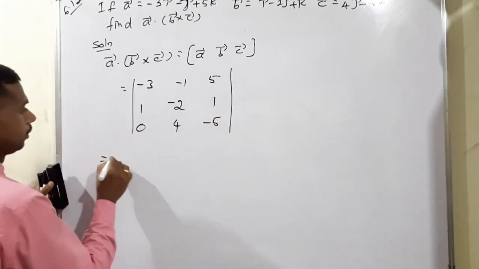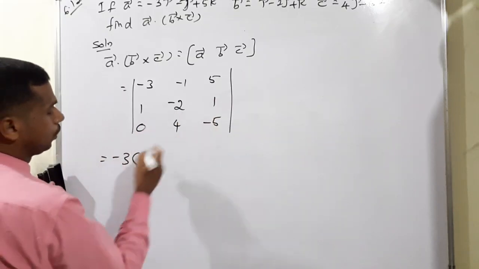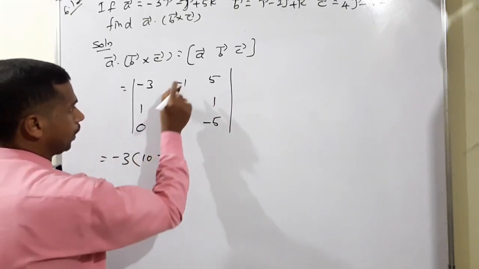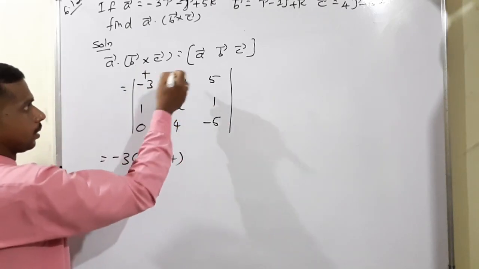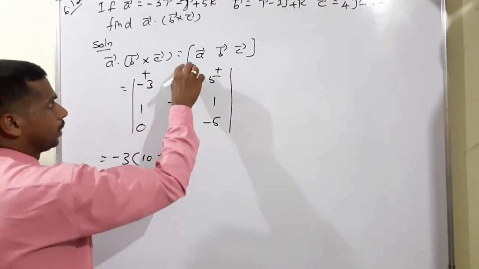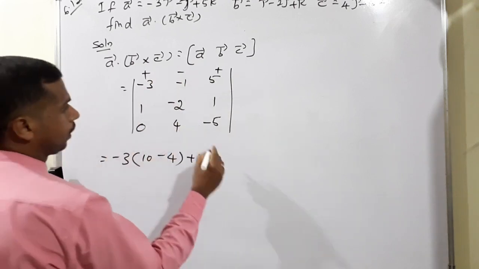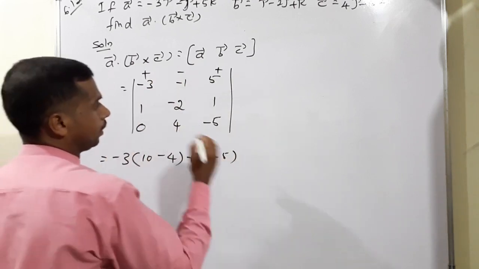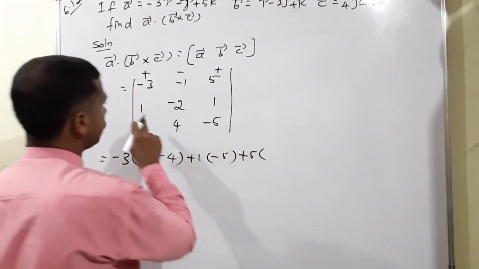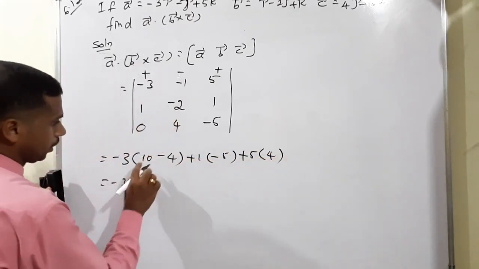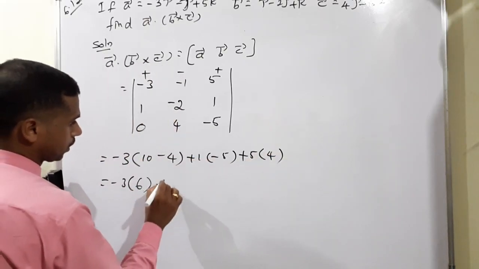Now look at this. Minus 3 into minus 2 into minus 5 means positive 10, and 1 into 4 is 4, so 10 minus 4 is positive 6.